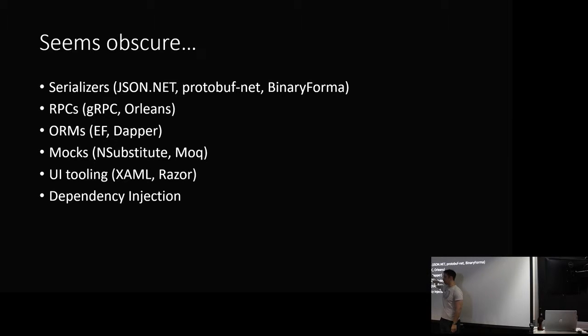If you have an RPC library for making remote procedure calls, like Google's gRPC or Orleans, which is what I work on. If you're testing, your mocks use it, Razor uses it, XAML uses it. Even DI libraries like the Microsoft Dependency Injection Library need CodeGen so that it's not terribly slow. So it's crucial, but it's not magic. And the idea is that hopefully after today you'll be able to get started and see how to decompose these sorts of things.